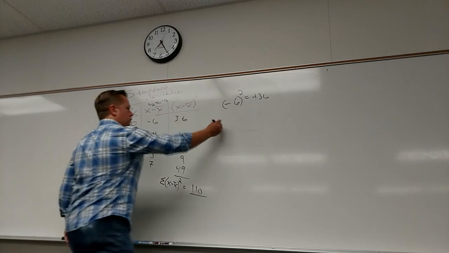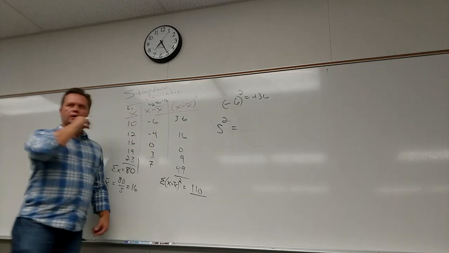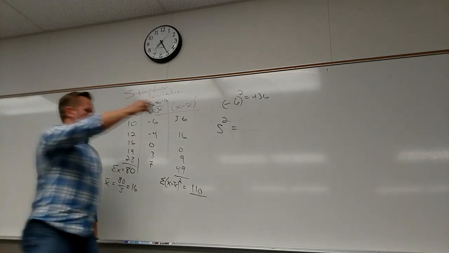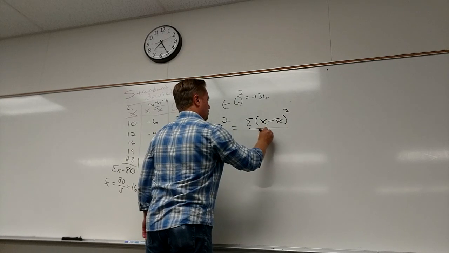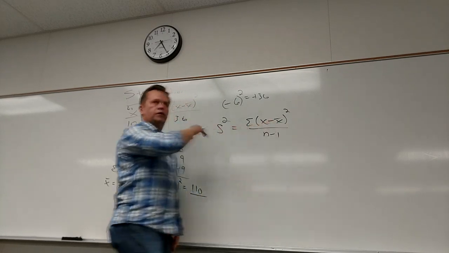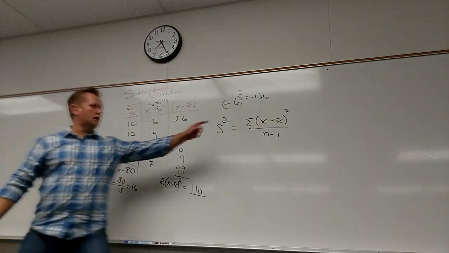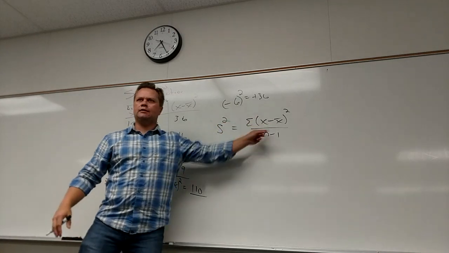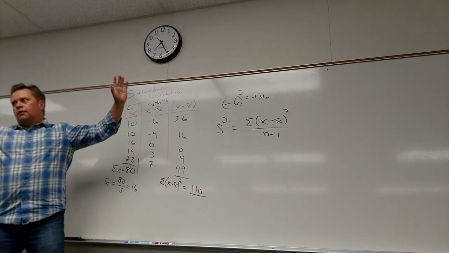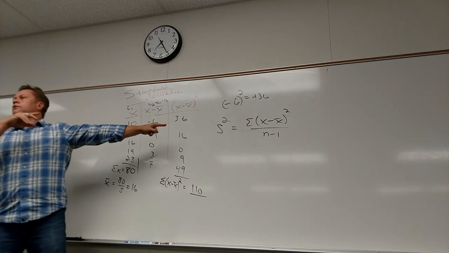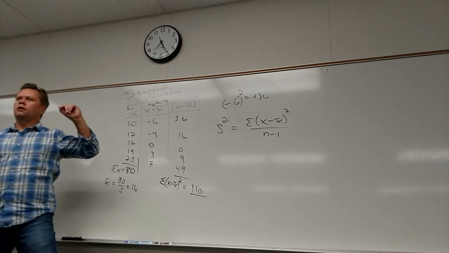So I look at my formula sheet. I know it's a sample, so I get my S. People start putting things in here that don't make any sense. I need the sum of these. That's what that says. So, of course, what do I put on top? 110.